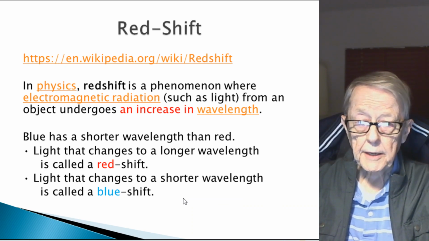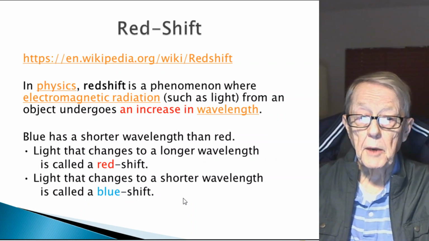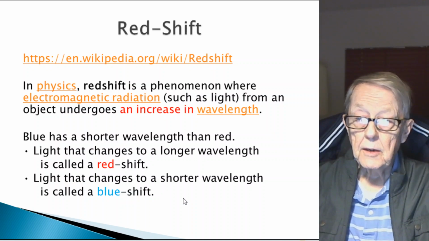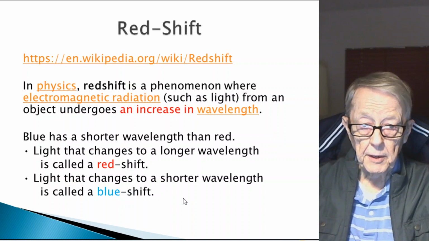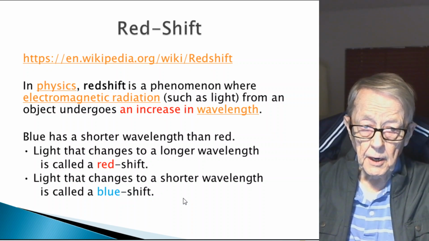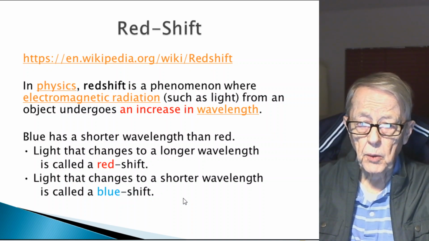So let's look at the definition of redshift from Wikipedia. In physics, redshift is a phenomenon where electromagnetic radiation, such as visible light, from an object undergoes an increase in wavelength. Now, blue light has a shorter wavelength than red.